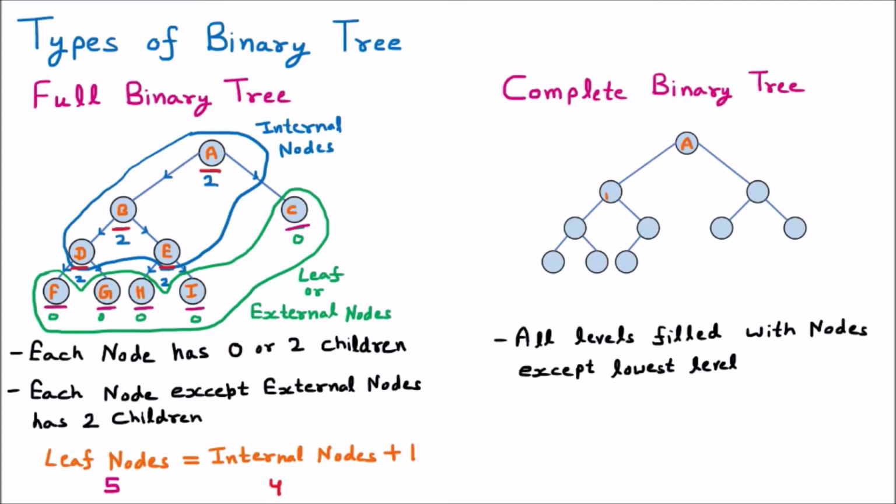So this is A, B, C, then D, E, F, G, H, I and J. These are the nodes available in a tree. First of all, we have to find out all the levels. This is level 0 and here we are having the node. Now afterward we are having the next level.